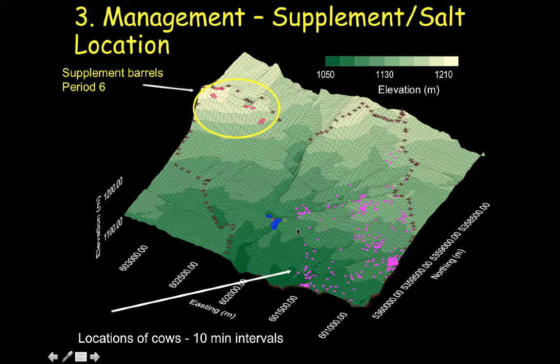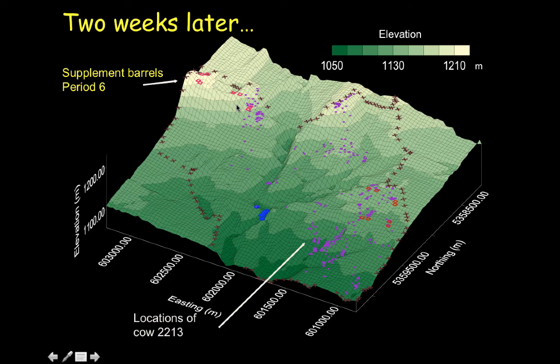So she stayed down where the elevation was pretty low. She didn't have to work very hard to find feed. However, by strategically placing supplement at the top of the mountain, we actually changed or can change her grazing pattern to move up to these other supplementation areas. So she's going to graze all the way up and she's going to graze back down, which means that she's going to utilize more forage in this pasture.